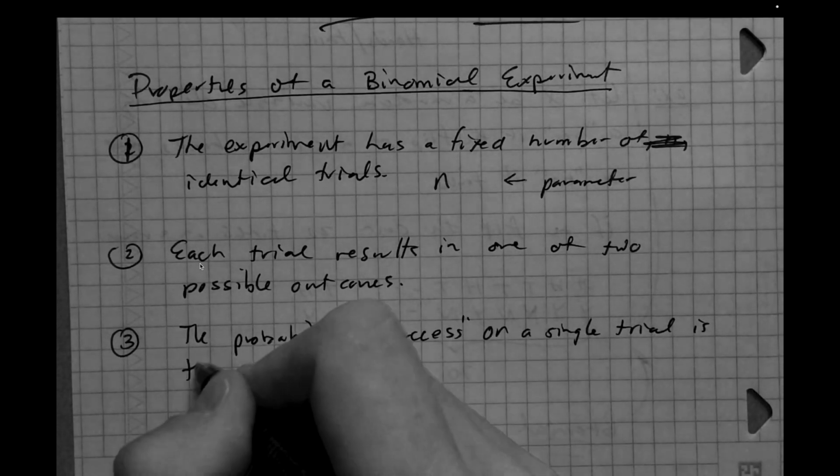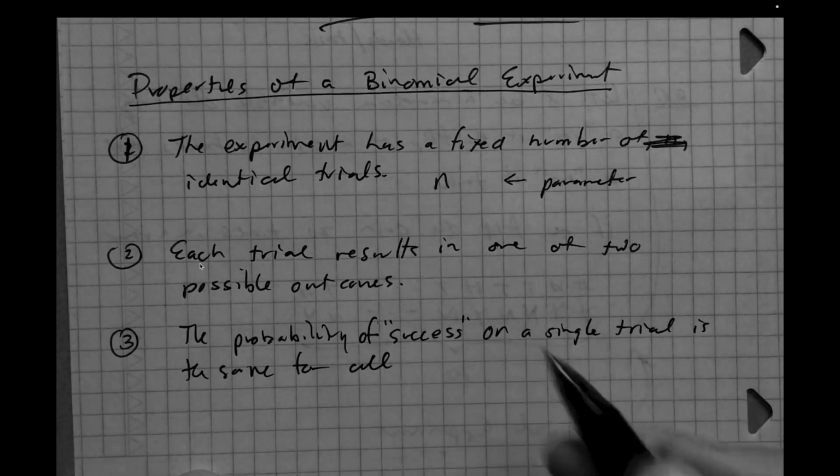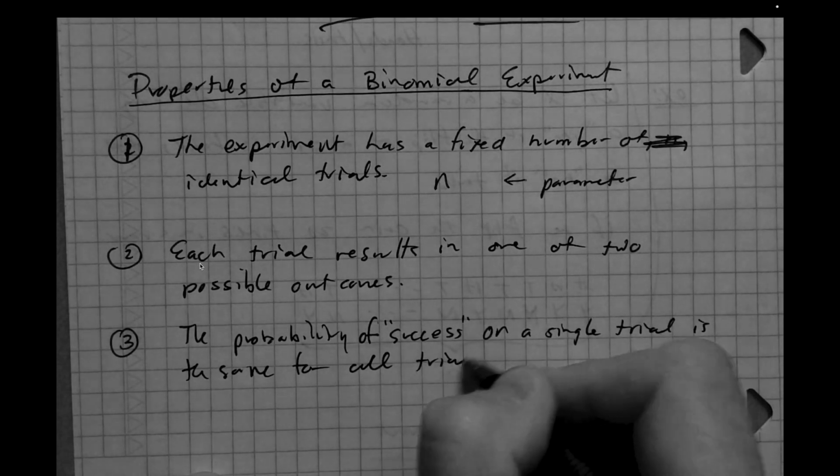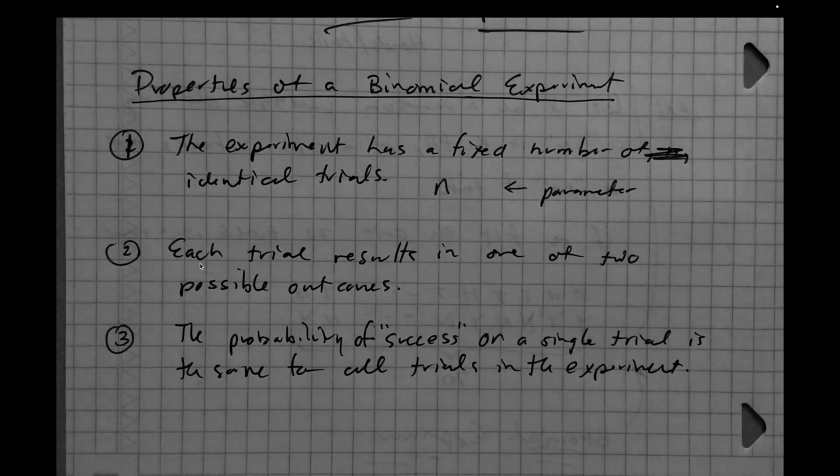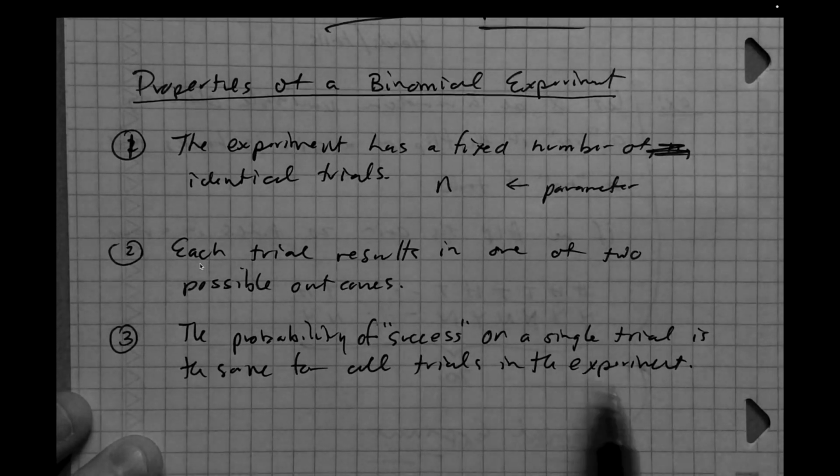In the example of flipping a coin, the probability of heads is 50%, and that is the same for every trial. It doesn't matter if it's the 3rd time I flip the coin, it's always 50%. In the example of rolling a die, the probability of an even is 1/2, 50%. It just so happens, it's a coincidence, that the probability of success is 50% here. That doesn't have to be. It could be 10%. So that is the 3rd requirement.